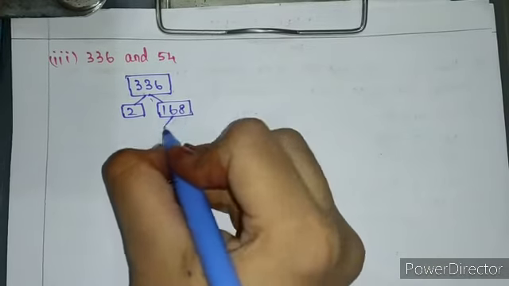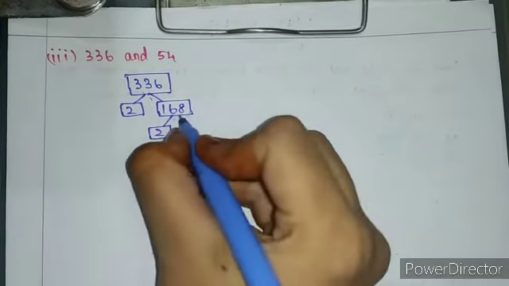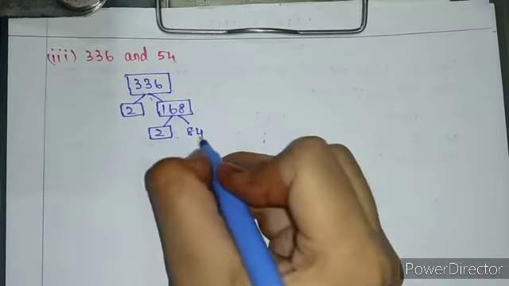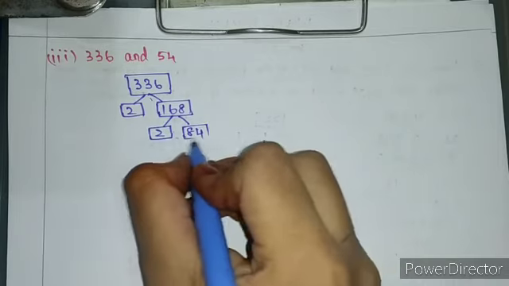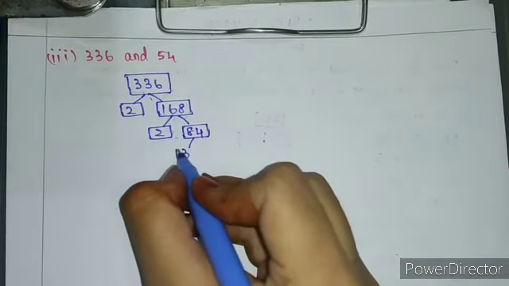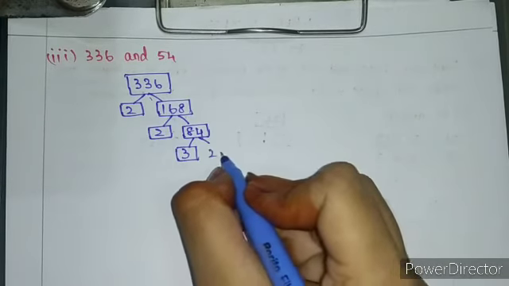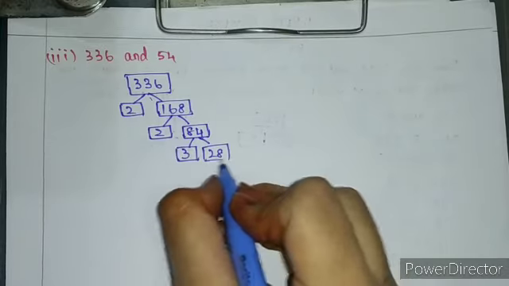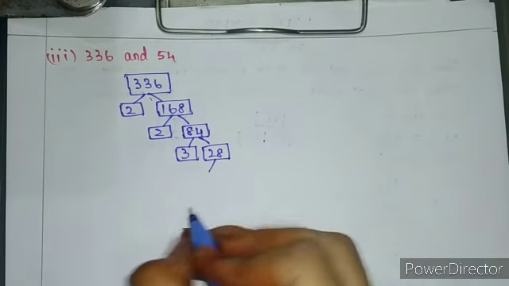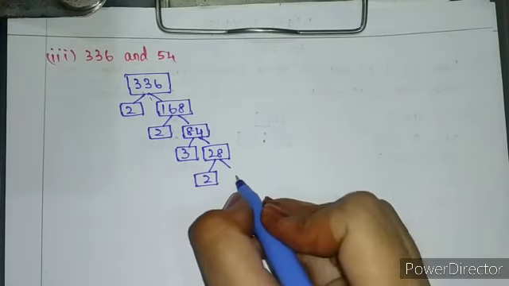And this 168 can be written as 2 into 84. And this 84 can be written as 3 into 28. This 28 can be written as 2 into 14.